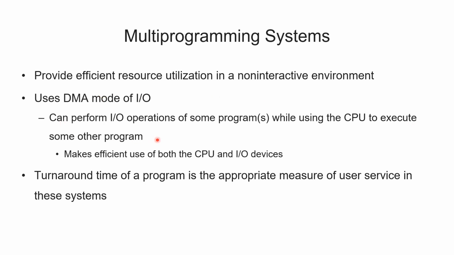So the CPU executes one program, and the input output resource executes some other program, so that we can increase the efficiency of resource utilization and also the throughput, the number of programs executed per unit time. By using this DMA mode of input output operation, we can increase efficient usage of resources and also throughput.